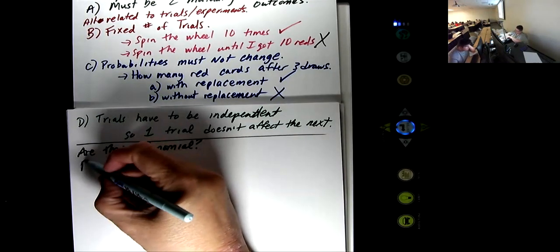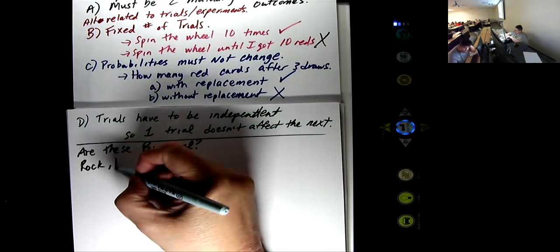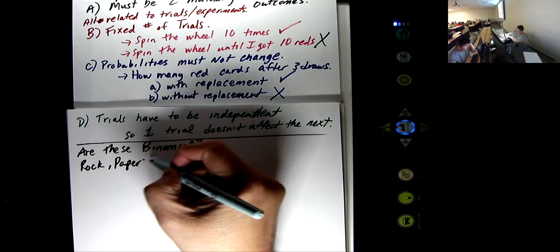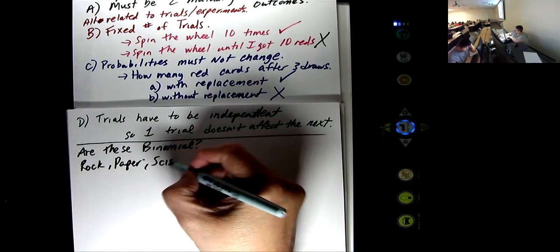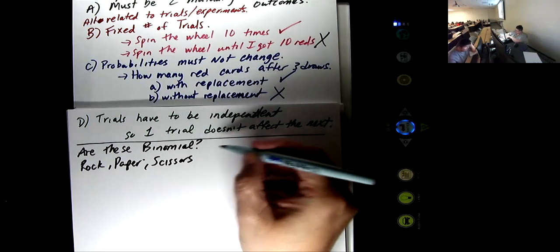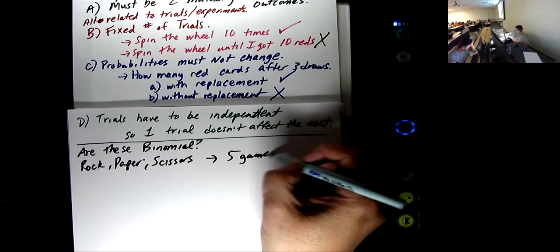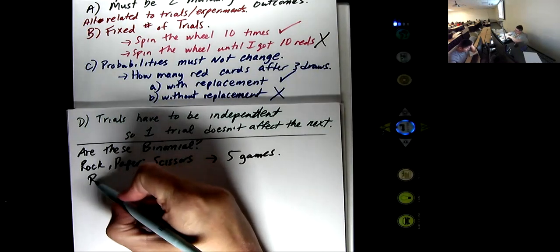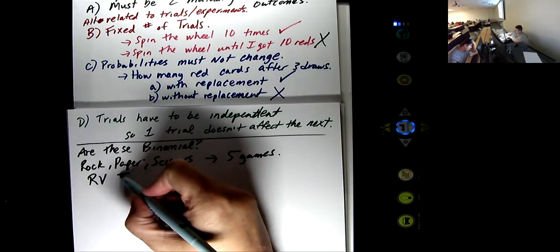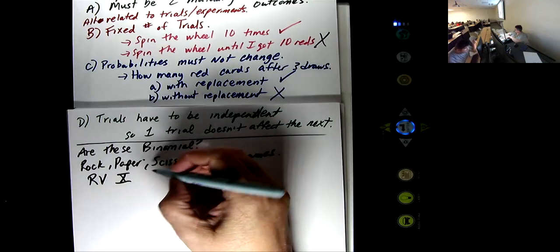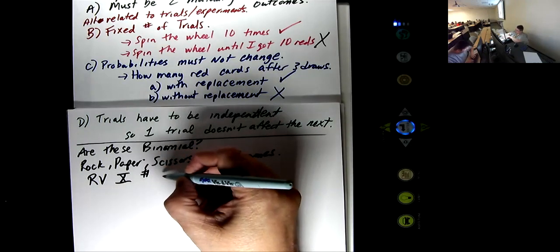We're playing rock, paper, scissors. We're gonna play 5 games, and my random variable X will be the number of times I win.